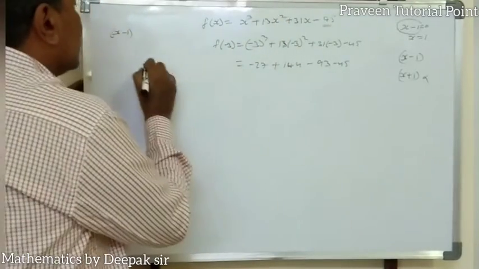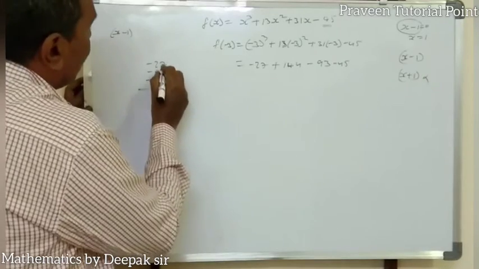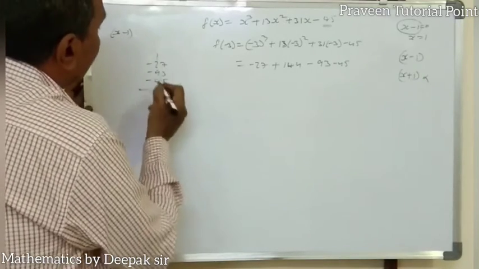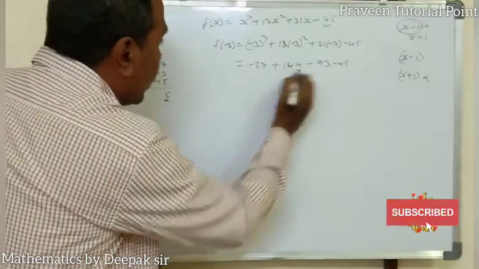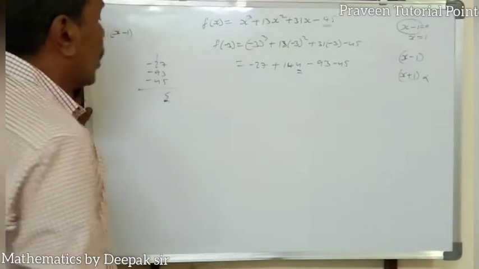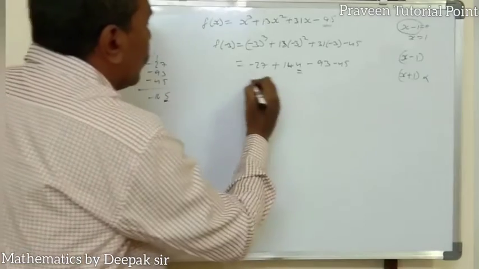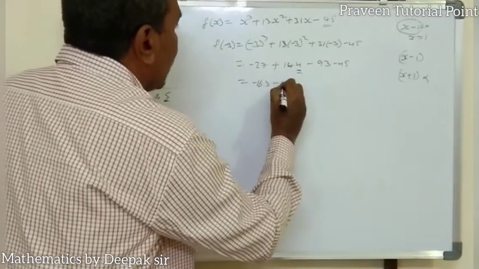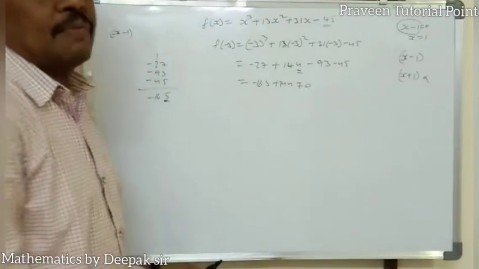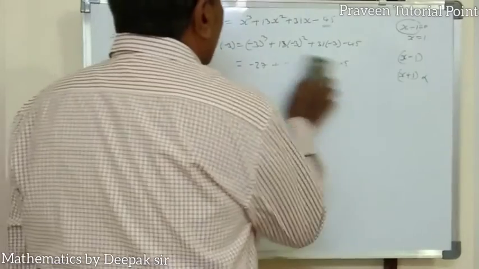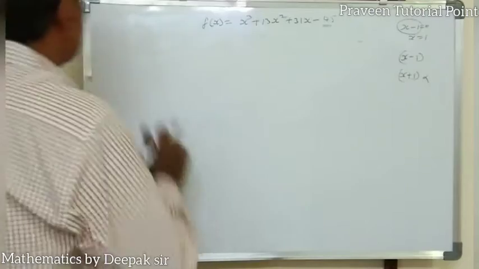Adding all the negative numbers, minus 27 minus 93 minus 45 is minus 165, and plus 117 cannot be equal to 0. So this is also not a factor. We have to make another try. So we got only one factor, that is x minus 1.